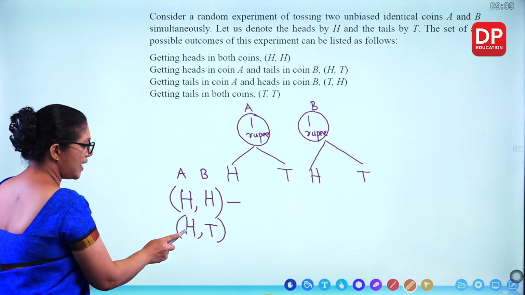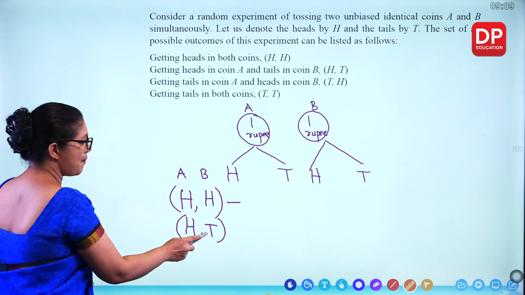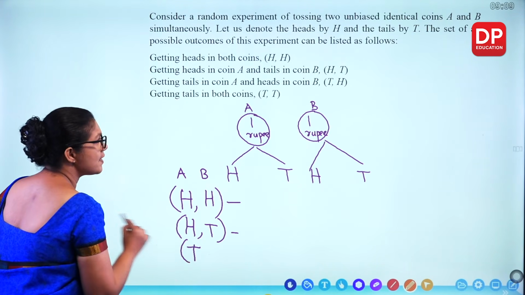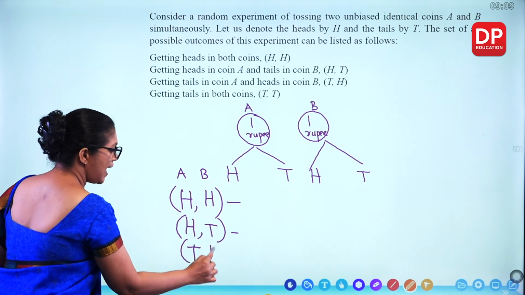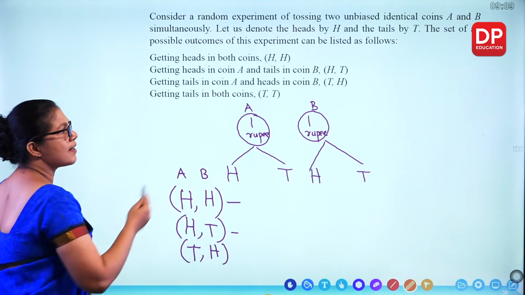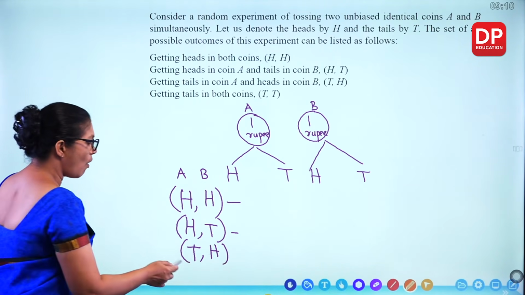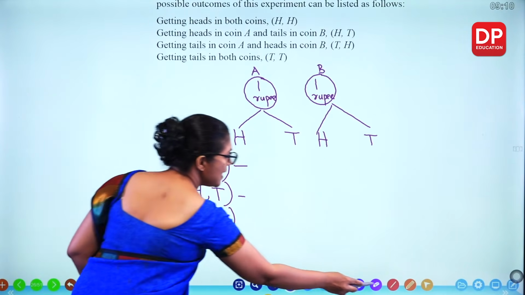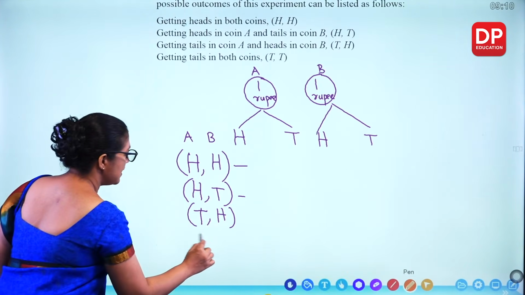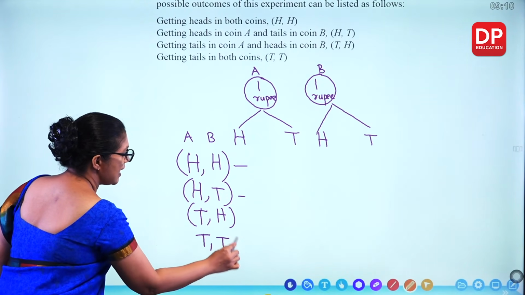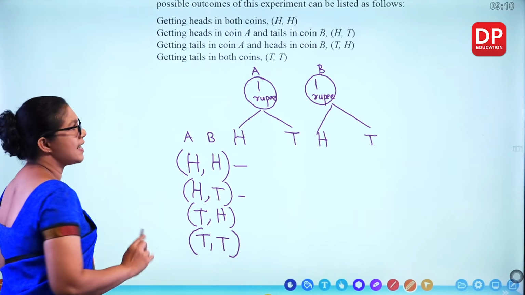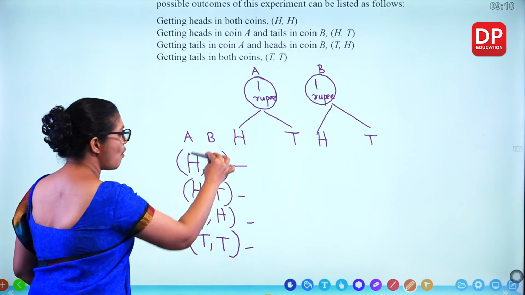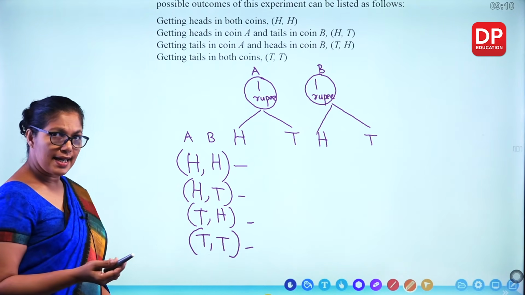This one, heads in A, tails in B. I can get tail from the first one, A, and head from the second one, B. Or, what's the other possibility? Other possibility is tail and tail. That means both tails from A and B coin. So these are the 4 possible outcomes I can get.